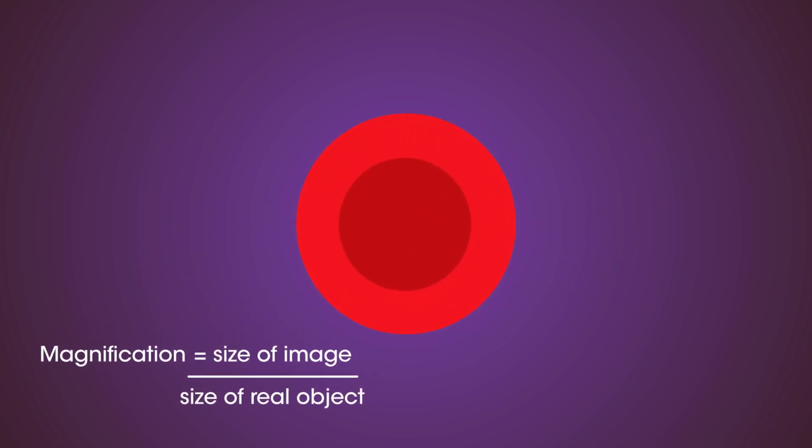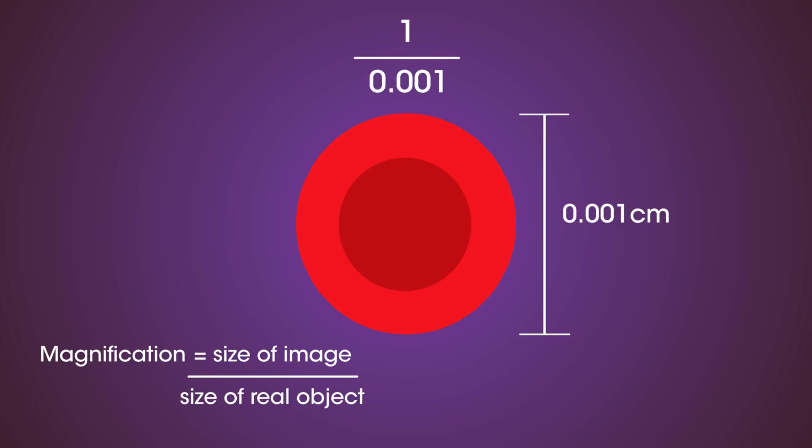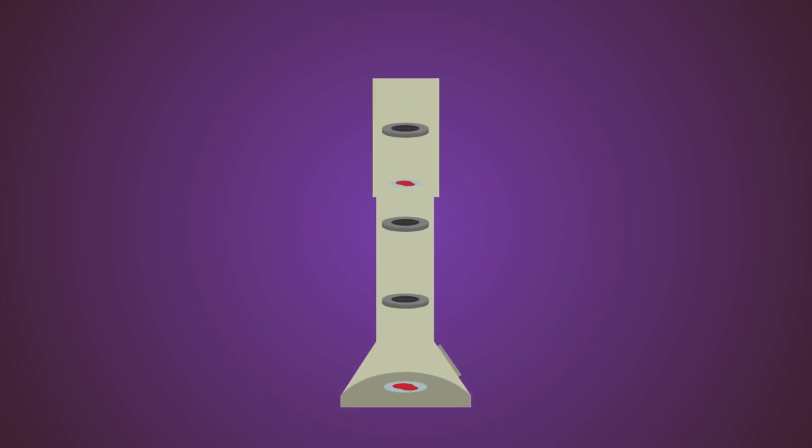So, if the diameter of an image of a red blood cell in a book is 1 centimetre and the actual diameter of a red blood cell is 0.001 centimetres, then the magnification used must be 1 divided by 0.001 equals ×1000.